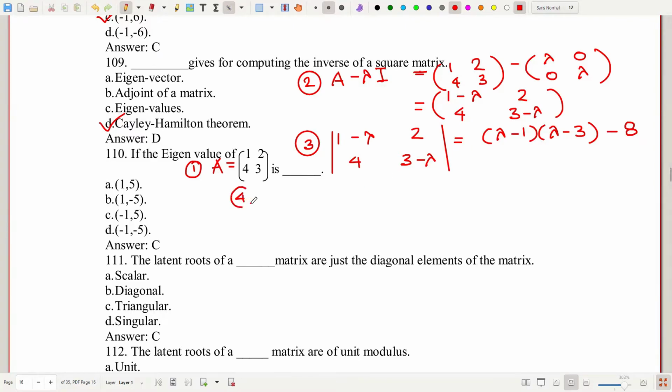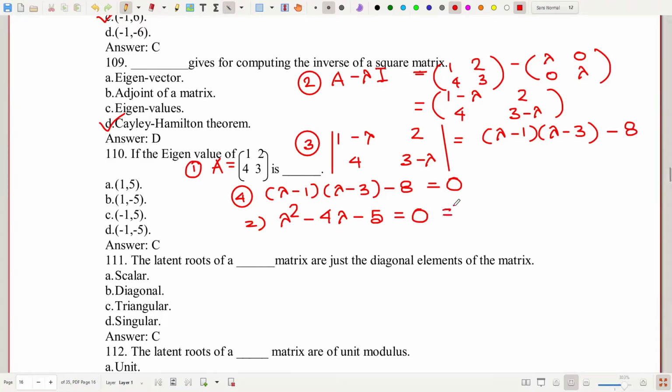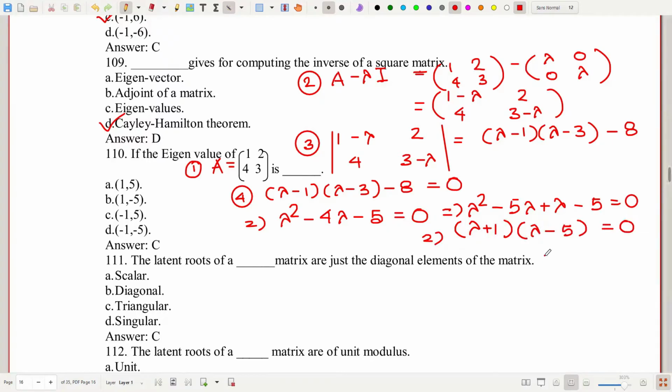Now the fourth step: we consider lambda minus 1 into lambda minus 3 minus 8 is equal to 0, or lambda square minus 4 lambda minus 5 is equal to 0, or lambda square minus 5 lambda plus lambda minus 5 is equal to 0, or lambda plus 1 into lambda minus 5 is equal to 0, or lambda is equal to minus 1 comma 5. So the answer is minus 1 comma 5.